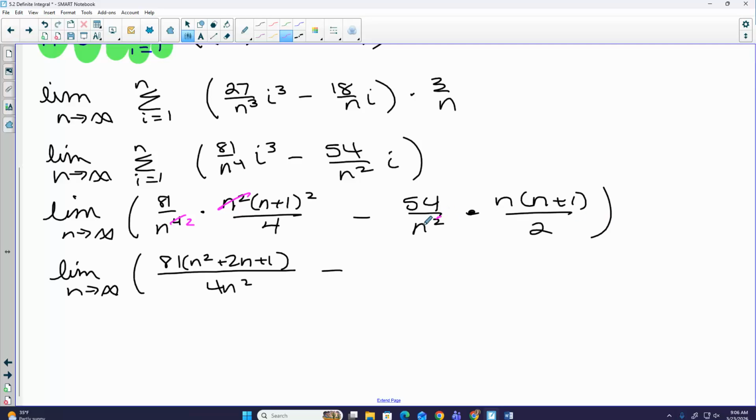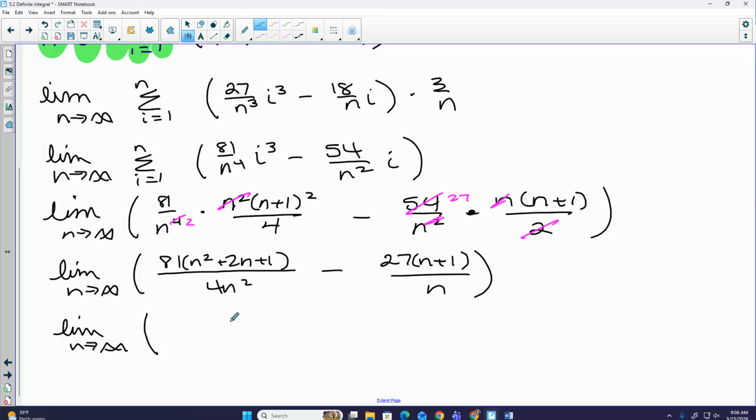This one here, an n. 4 divided by 2 is 27. So I'm going to distribute and divide.